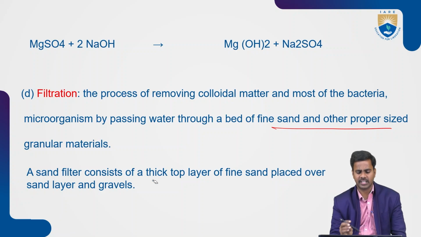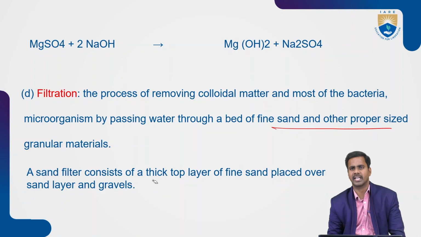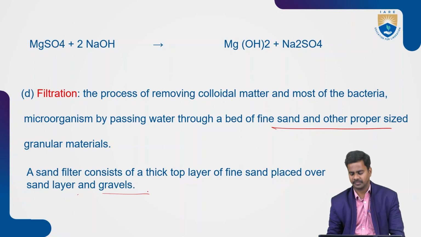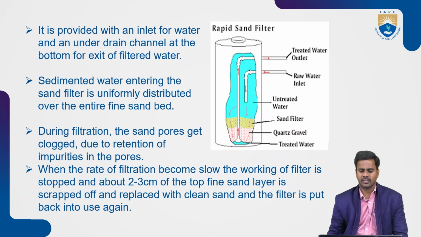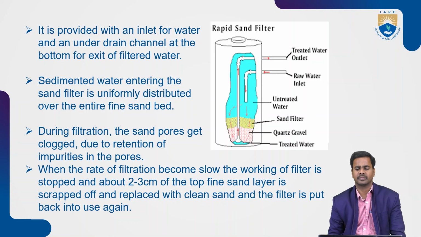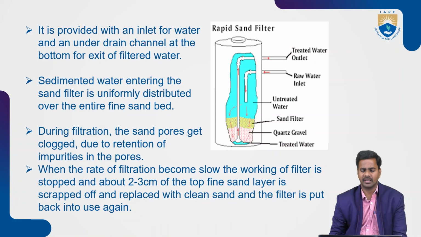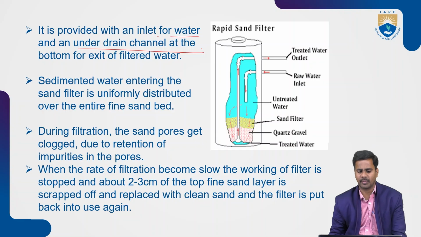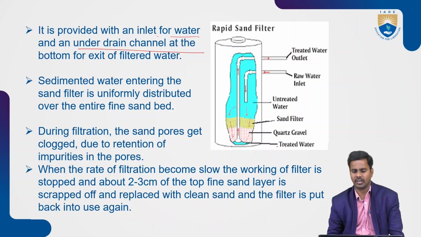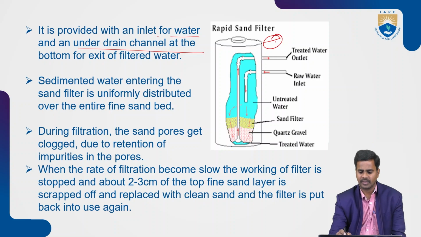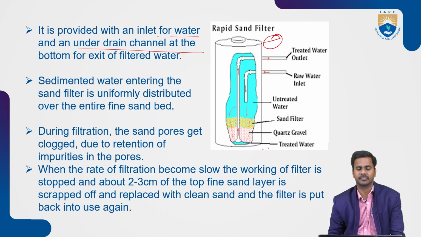A sand filter consists of a thick top layer of fine sand placed over coarse sand layer and gravel. Here we can see the rapid sand filter. It is provided with an inlet for water and an underdrain channel at the bottom for the exit of filtered water. Here we can see the inlet for raw water and the exit for treated water.